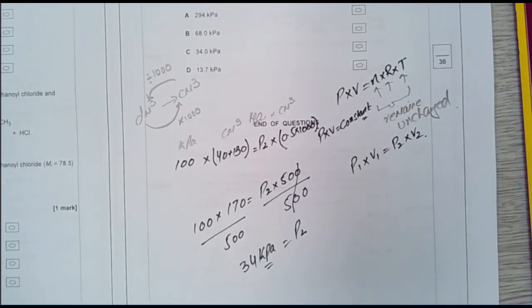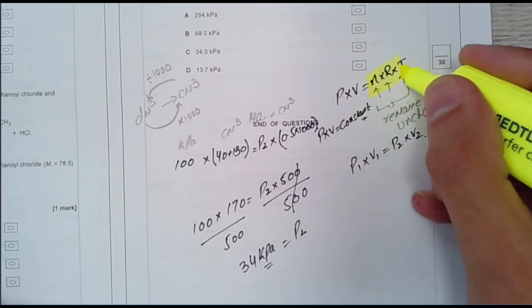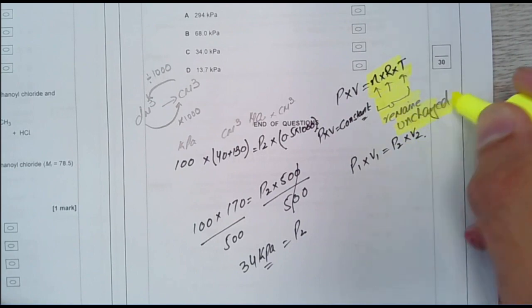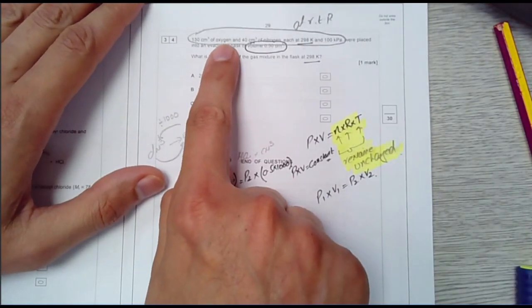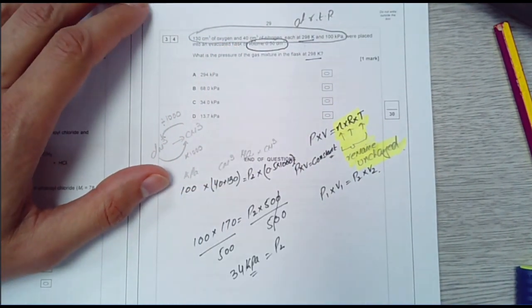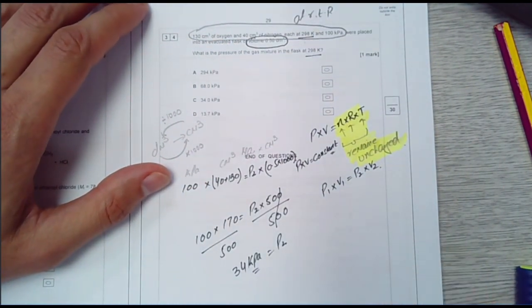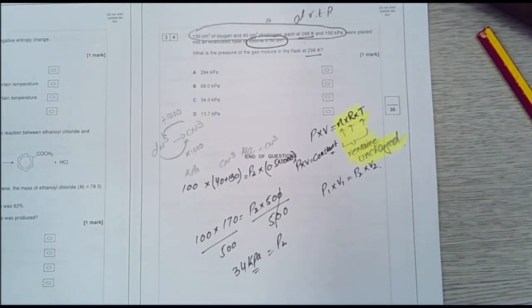So this is something that is important for you to figure out, and this will normally be the case when they transfer gas from one location to another. Okay, are we happy? Now this was one of the questions that I wanted to do in the first place. Now we'll go back to the start of the paper and then we'll carry on from there.